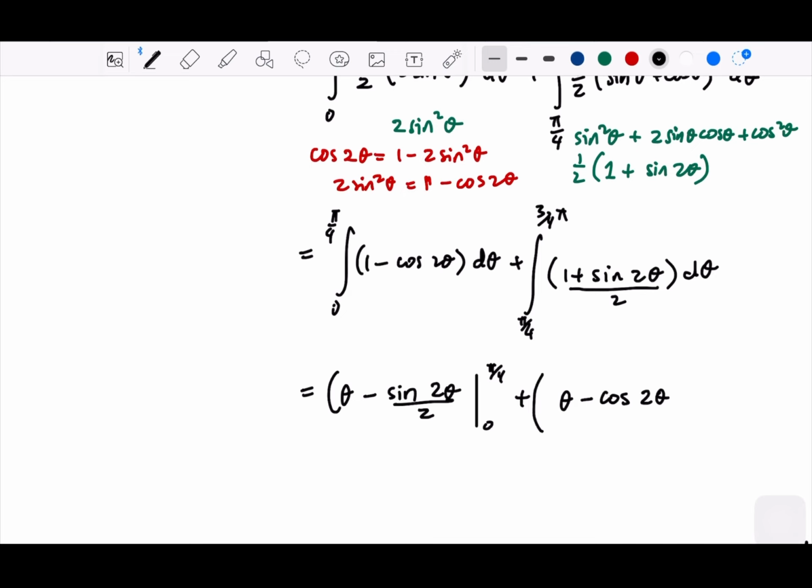This is half theta over 2, and this will be over 2, and by 2 become 4, right? Okay. Is it correct? Correct, right?